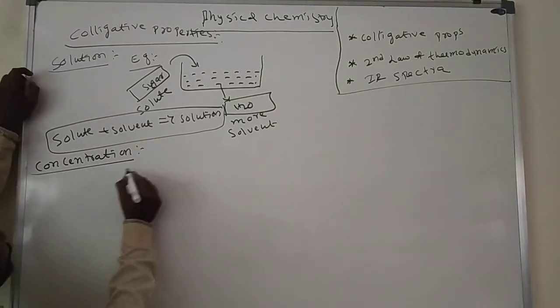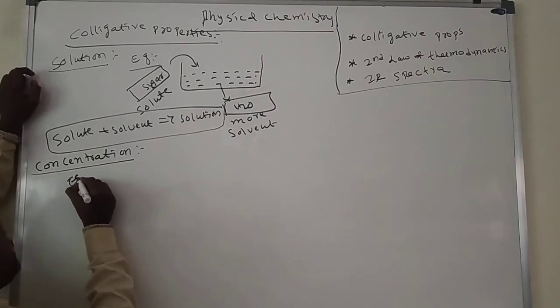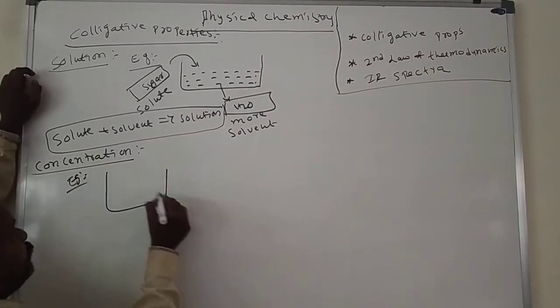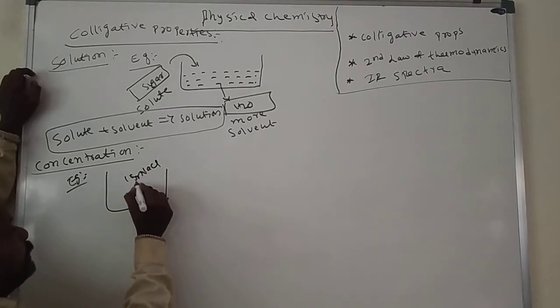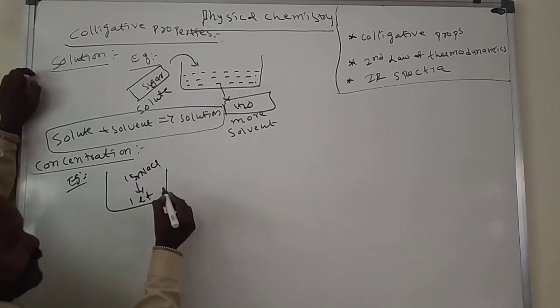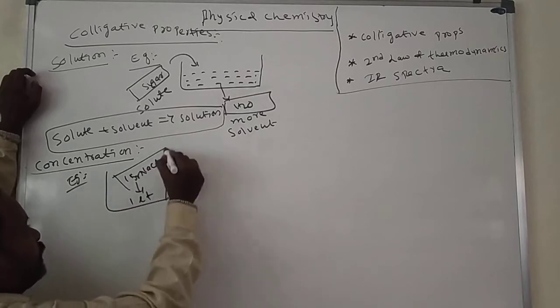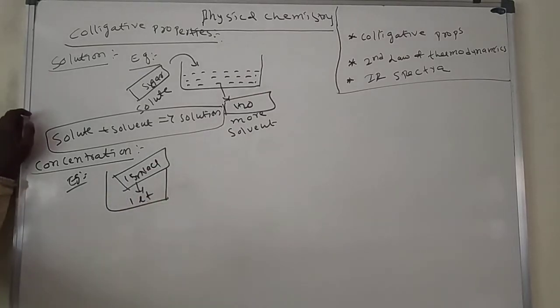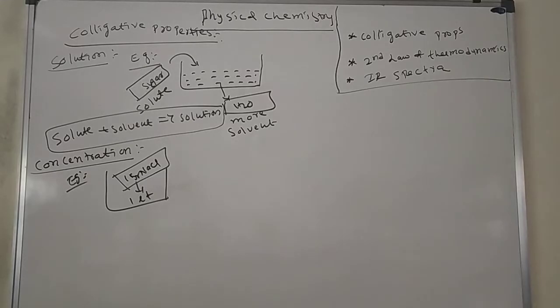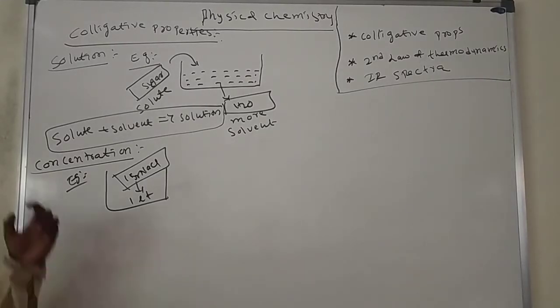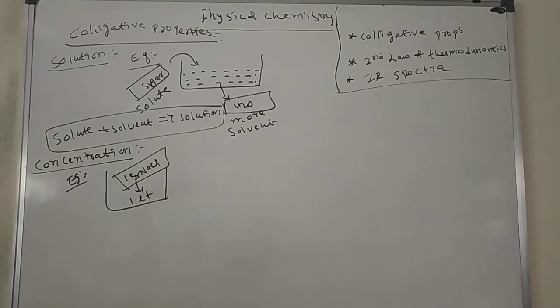Suppose, for example, 1 gram sodium chloride present in 1 liter water. Here the concentration of sodium chloride depends only on the amount of sodium chloride. The amount of solute present in a solution is called concentration.